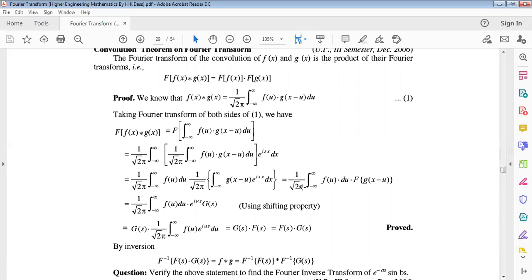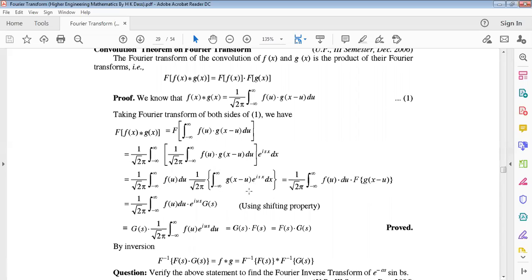Now 1 by root over twice pi, integral from minus infinity to plus infinity of f of u du, and this whole can be written as the Fourier transform of z of x minus u by the shifting property. This is the whole Fourier transform of what? The Fourier transform of z of x minus u, from the definition of the Fourier transform.